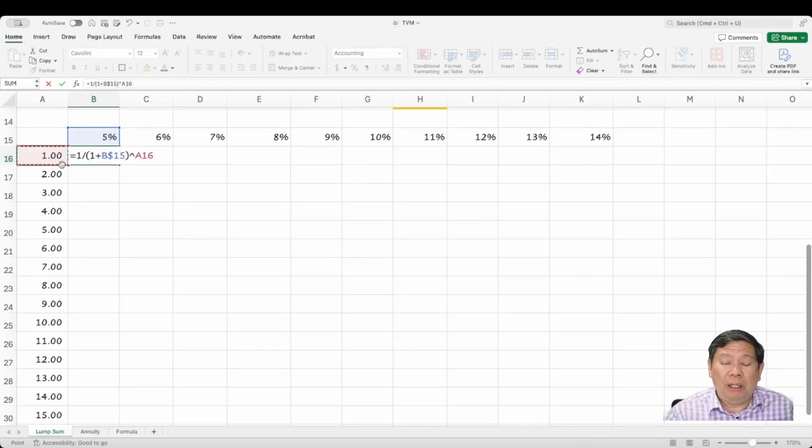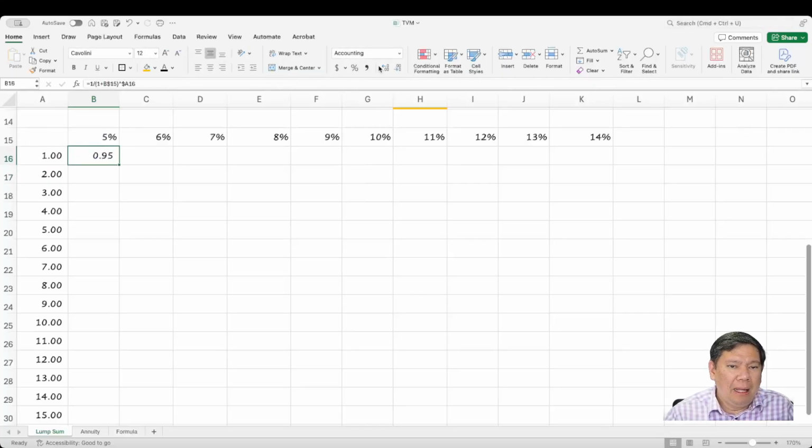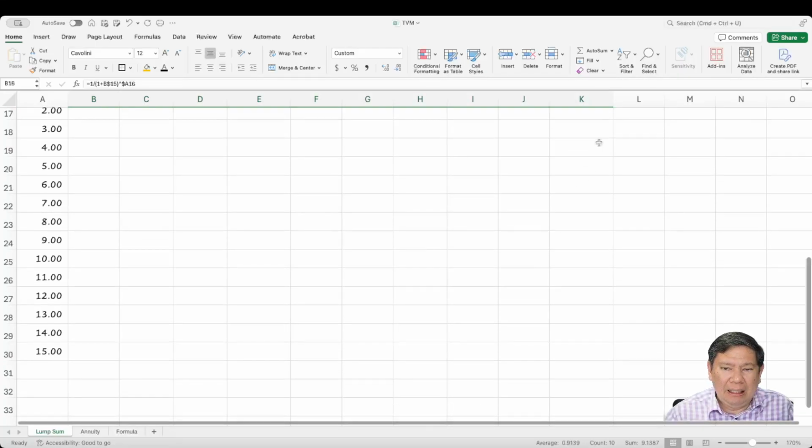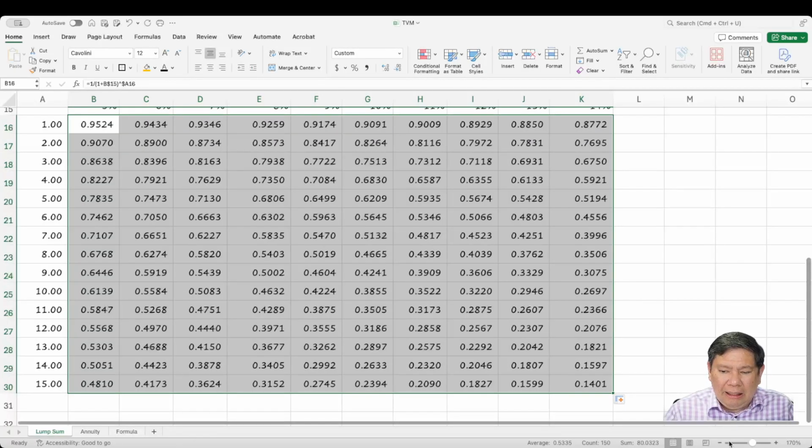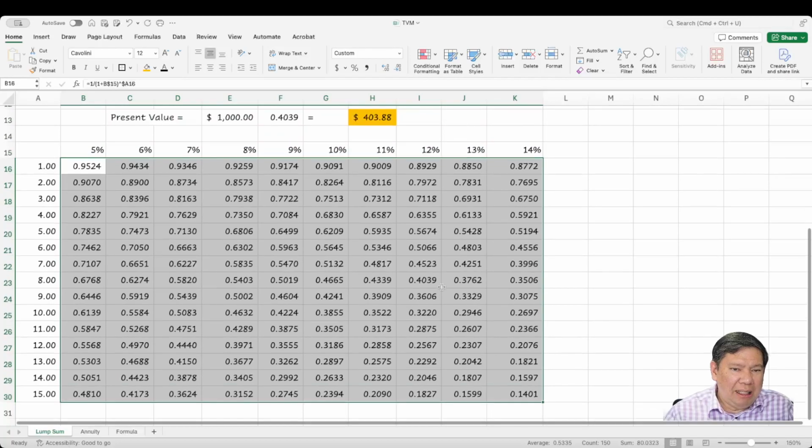And if I want to copy to the right, I want to lock the column A with Fn F4, so when I copy to the right, it will stay at that column. But don't worry too much about that. I will show you how to use it. Let's put 4 decimal places. So the table from the book will show you something like this.